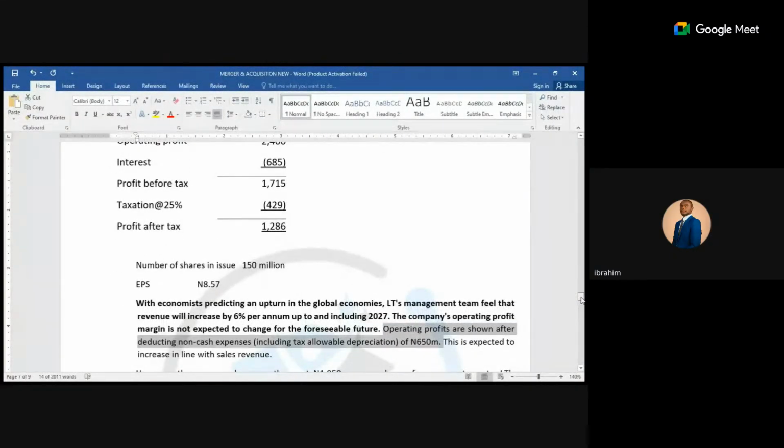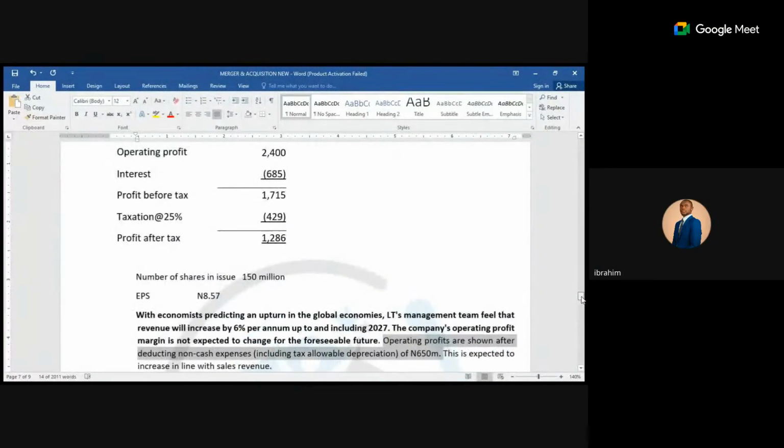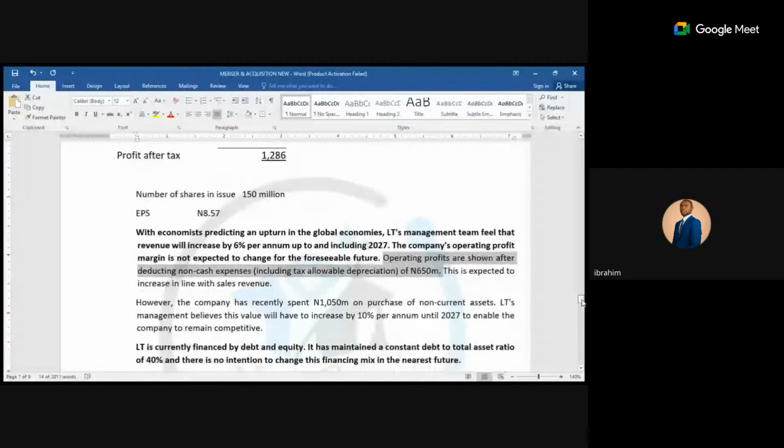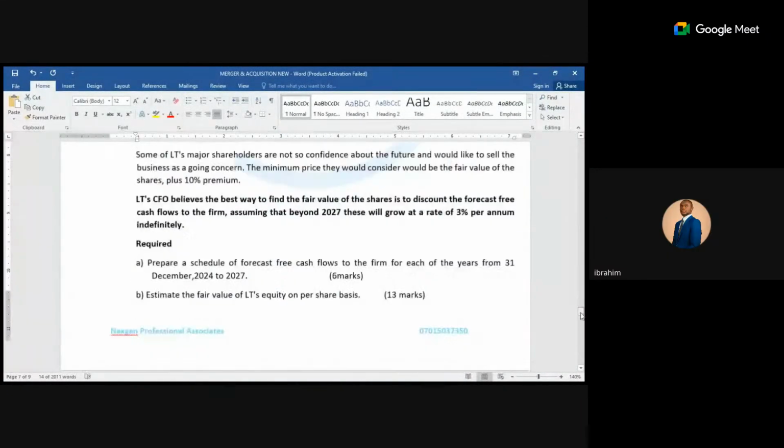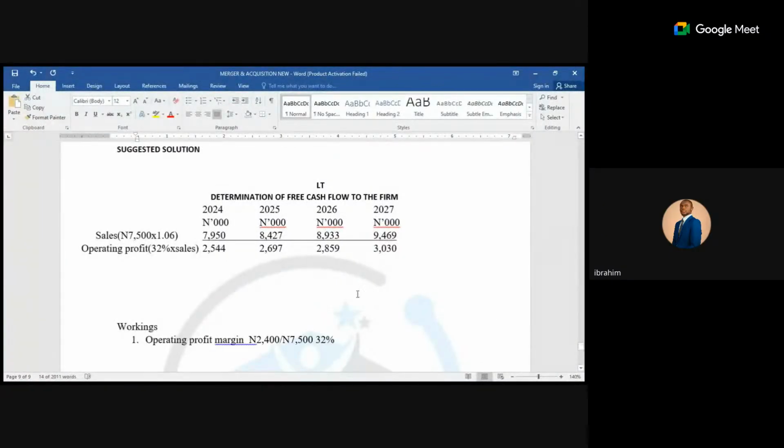If your interest will increase, it would have been stated that the interest will increase by 6% in line with revenue, or maybe by 2% or 3%, right? Because you are actually forecasting for the future, right?